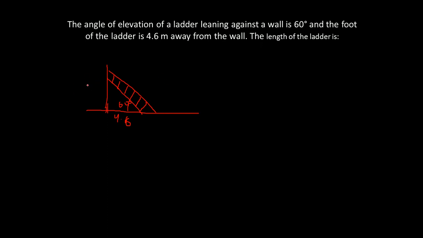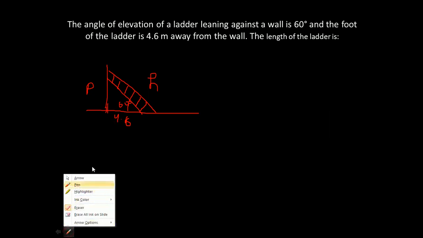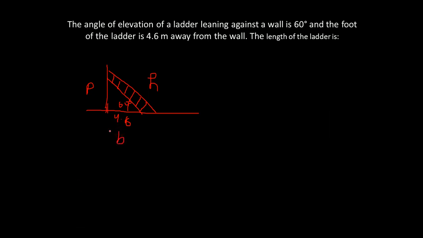So this is your perpendicular, as we saw. This is your hypotenuse, and this is your base. We are given theta and the base, and we have to find the hypotenuse. The relation between base and hypotenuse can be expressed using cos of theta. So cos of 60 will be base, 4.6, by hypotenuse.